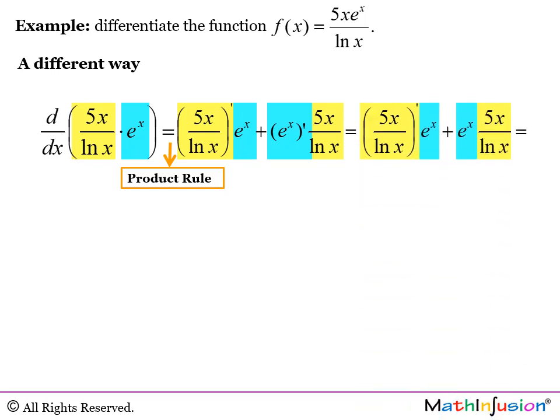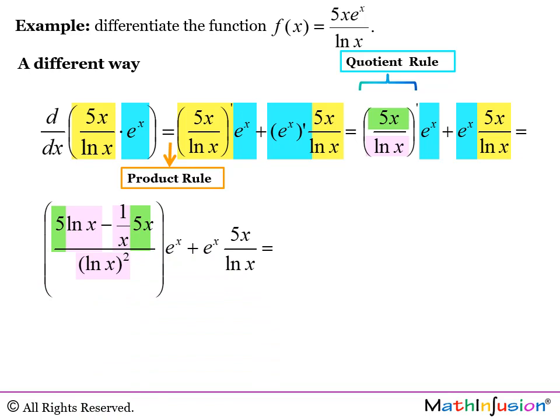Now I need to be focused on the derivative of the first. For this I will need to use the quotient rule. The first and the top function is 5x, and the second or bottom function is ln of x. Please be careful here. You want to have this as one unit because all of that is multiplied by e to the x.